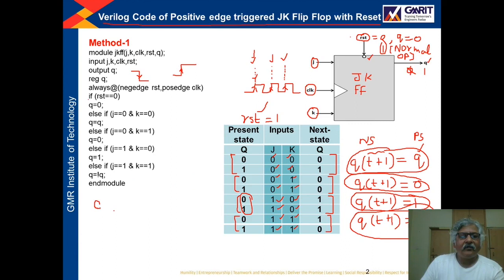Suppose this is the clock signal, right? And this is the RST signal, right? So suppose RST signal is high, and at this point it goes low, right? And clock is like this, some clock is applied.